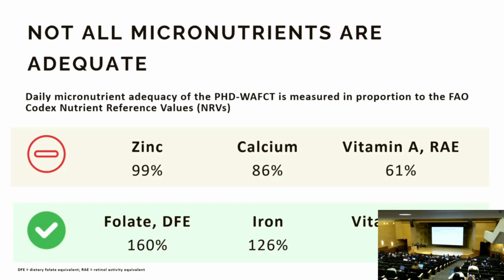So the nutrients that we found to be adequate were slightly different than those that Beale found to be adequate. However, we were similar in the fact that they're not all adequate, and it poses major risks for deficiency for the long-term consumption of this planetary health diet.